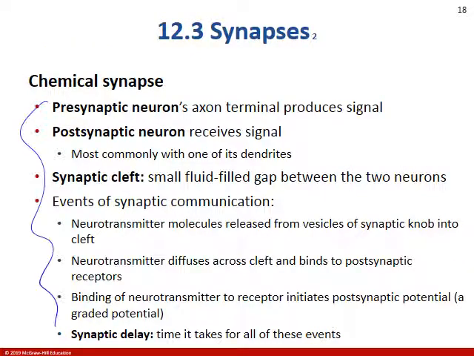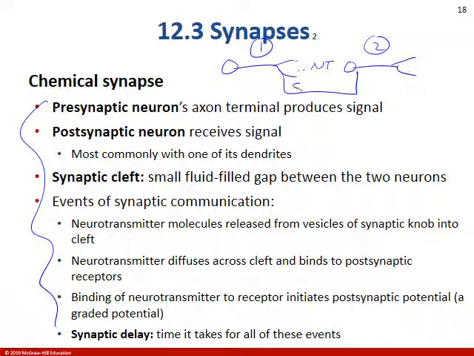In a more detailed analysis of chemical synapse, they just want you to realize that if you have one neuron, it's going to release a neurotransmitter to talk to neuron number 2. And if this is called a synapse, two neurons talking to each other, this one is going to be the presynaptic neuron, and this one is going to be the postsynaptic neuron.